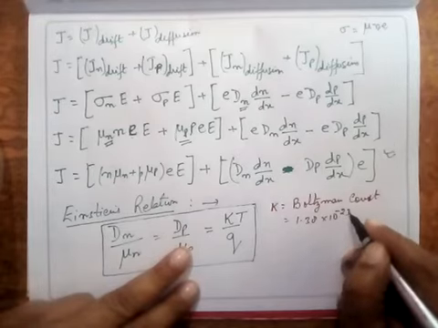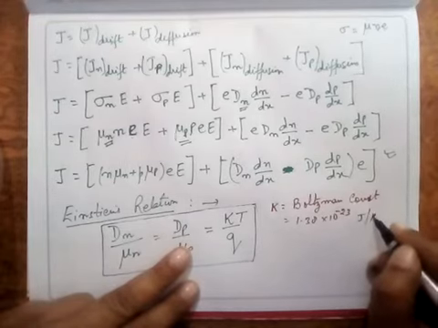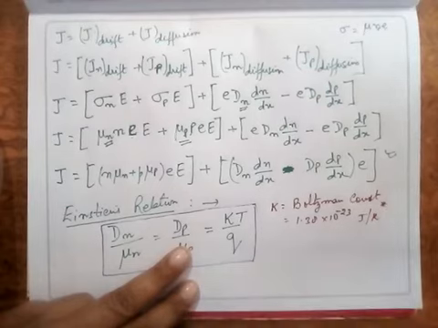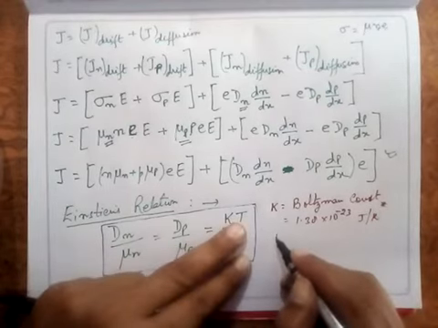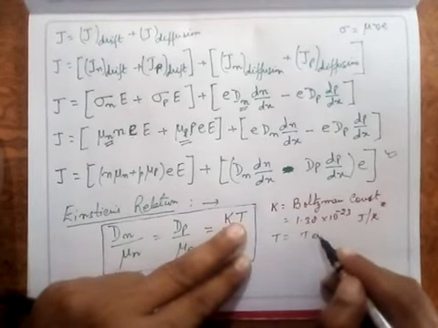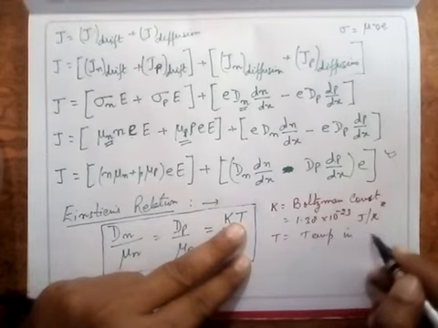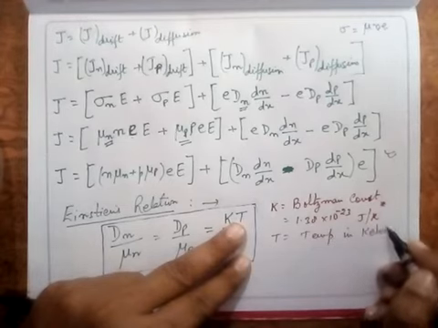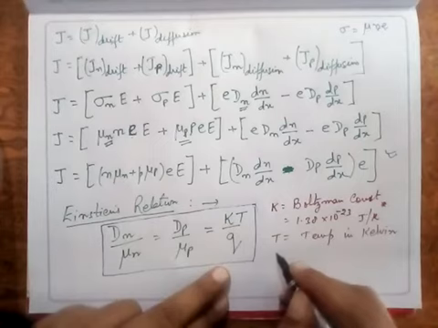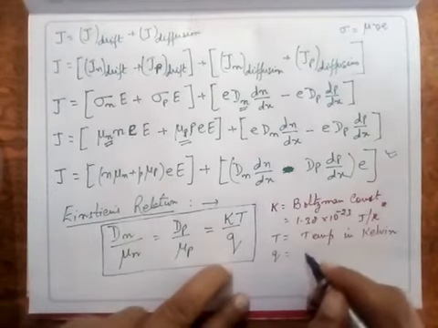I wanted to cross check it. Minus 23 joule per kelvin. Please check it. This T is the temperature in Kelvin, and q of course is the electronic charge, the charge of electron.